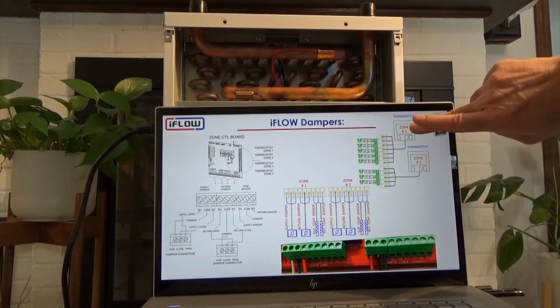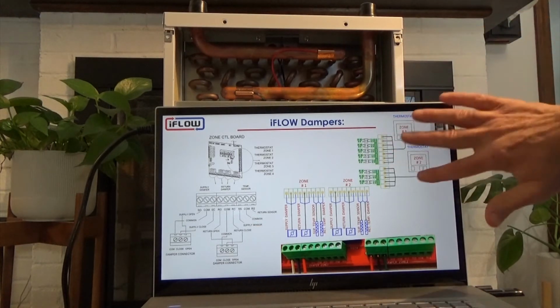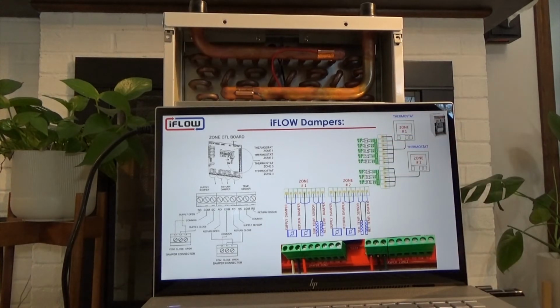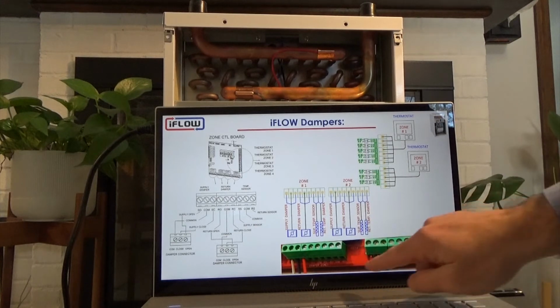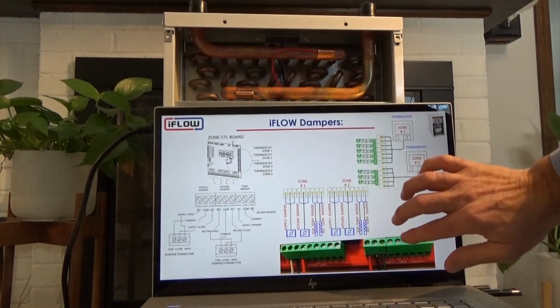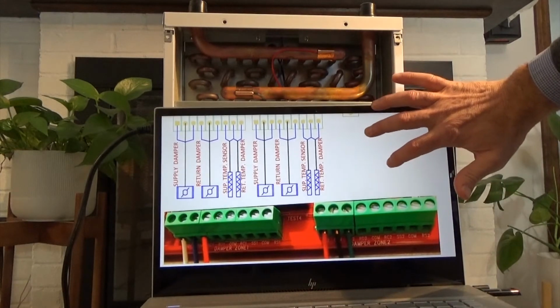Well, our zone thermostats would just wire into the board on the right, as we saw earlier. But our zone dampers would connect on the bottom, and you can see the connections here.